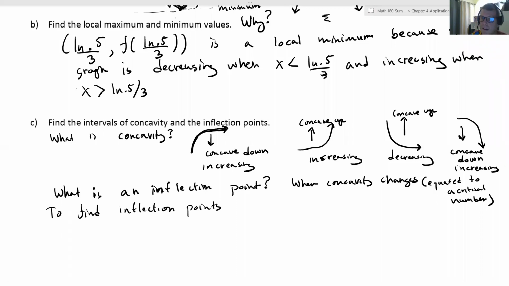Misha asked, is our inflection point one of our critical numbers? No, it is not. An inflection point has to do with the second derivative. Critical numbers have to do with the first derivative.